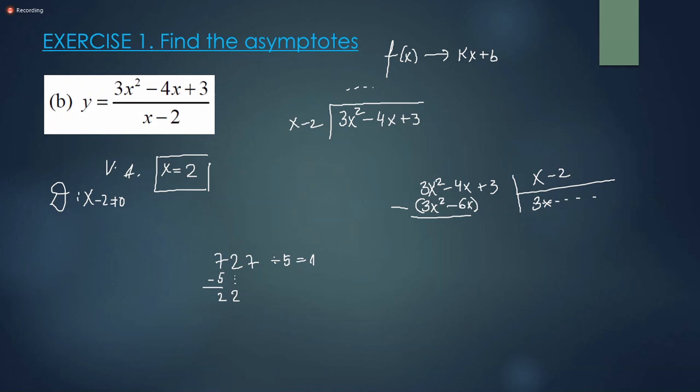I take the divisor, multiply by the first term of the quotient, write it below, subtract to find the remainder. Of course, this will always disappear, minus 4x minus negative 6x is plus 2x. Then I bring down the next term, plus 3.